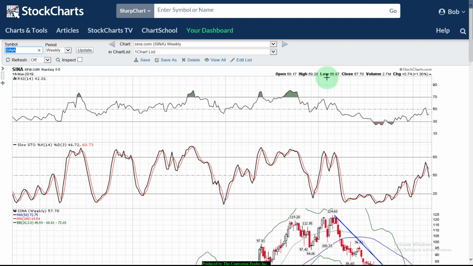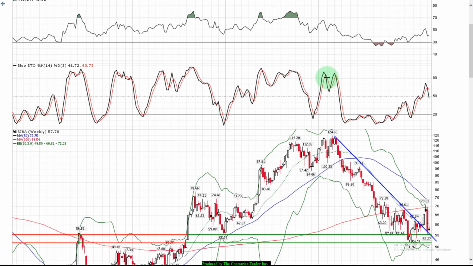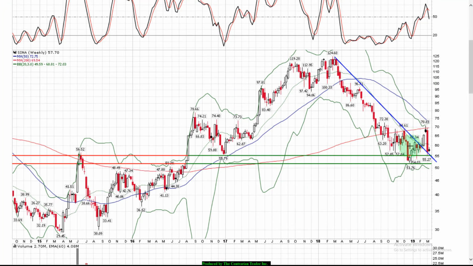SINA, I made the argument for being both bullish and bearish on SINA, and nothing has changed on a weekly basis. The reason I was bullish was that we had broken out here, rallied up to resistance, and pulled back. The question going into this week was, were we retesting support?